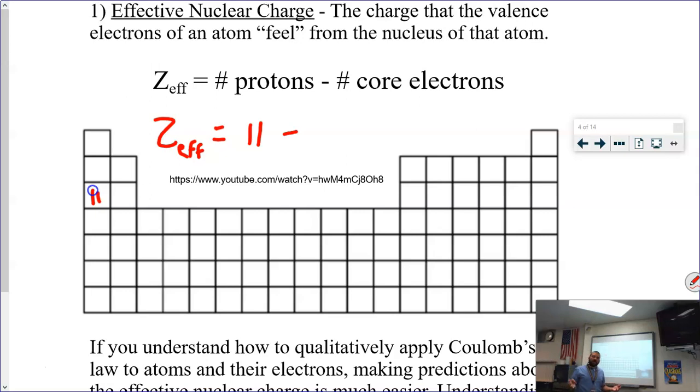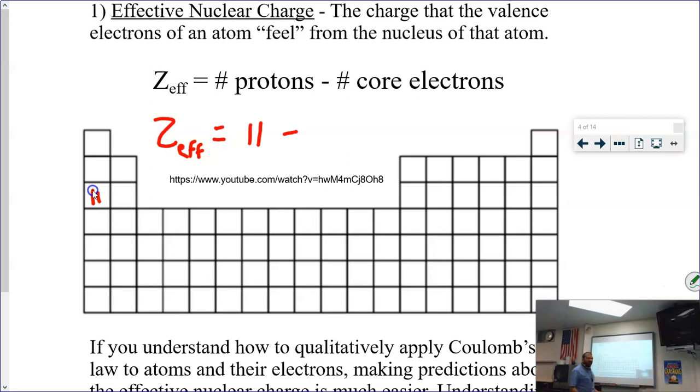Now, calculating core electrons is probably going to be tougher for you because, again, this concept of core and valence was just taught. So let's revisit that just for a second, right? If we look at the electron configuration of sodium, let's write this out, because that will absolutely help us identify which of the electrons are core and which of the electrons are valence.